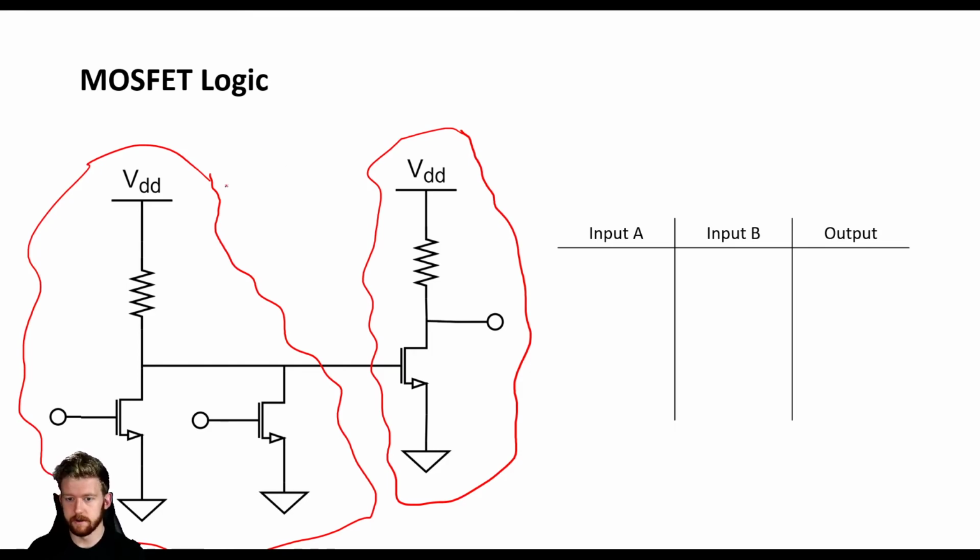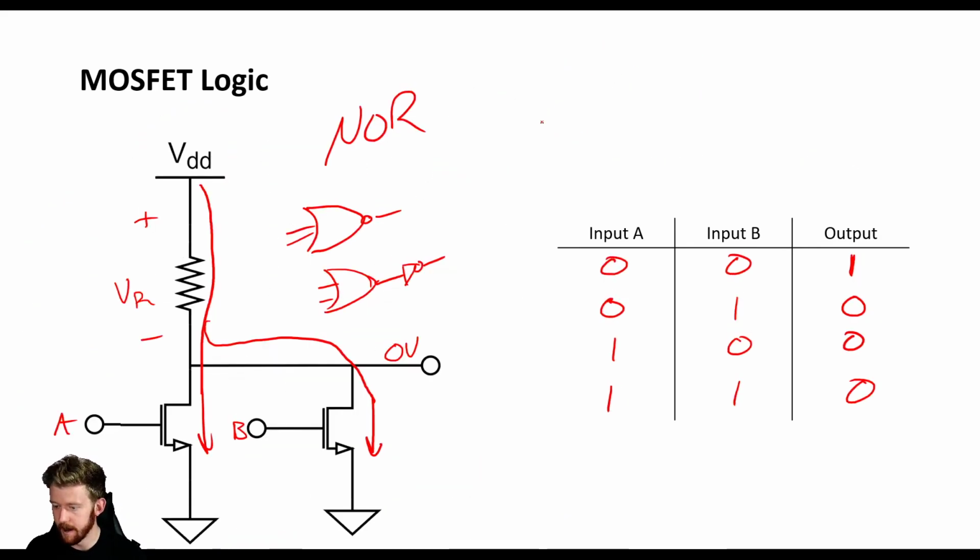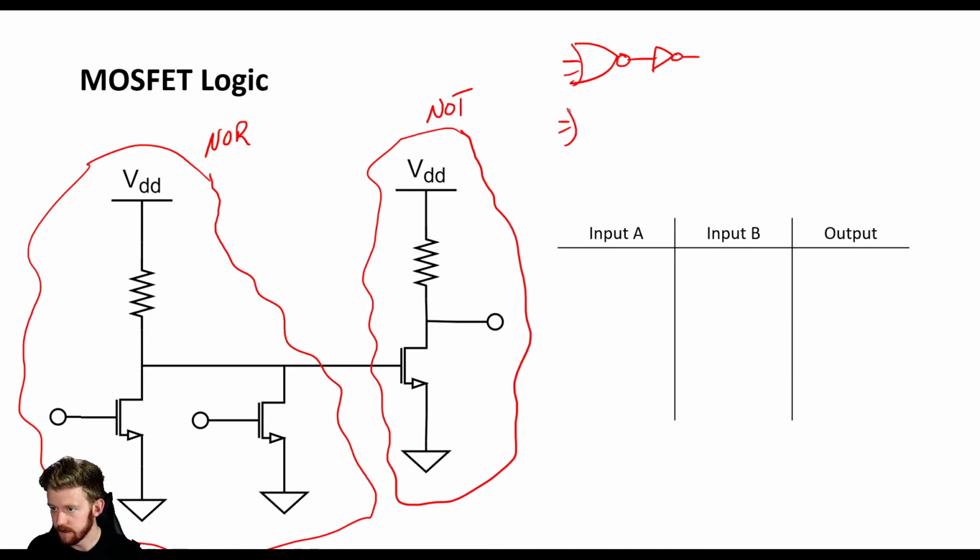So we know what this is, right? This is our NOR. And we also know what this is because we've seen it a few times now. That's our NOT. So now what we have is a NOR gate followed by an inverter, which based on that rule that we saw a couple of slides back, we can separate that NOR into an OR, followed by an inverter.